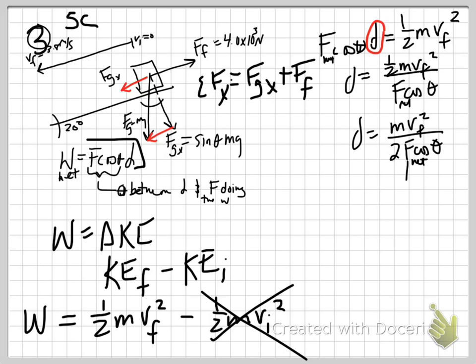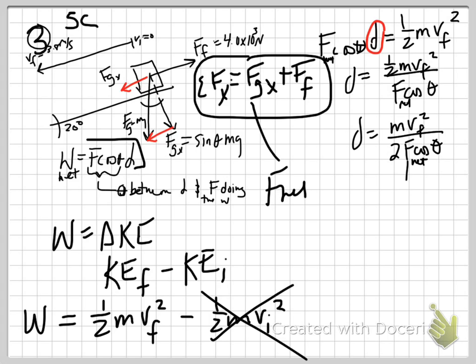So we know then that this piece is your net force. Now the good question is, what's the angle between the net force and the direction of travel? You tell me. That cosine theta is the angle between the direction that the object is traveling, the distance, and the net force on it.